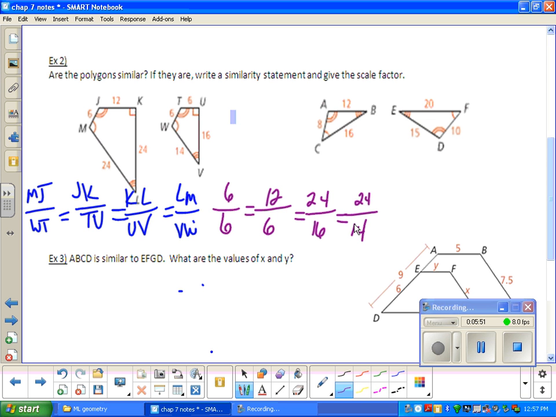So all I've done here is just write the ratios, like we learned in 7.1.